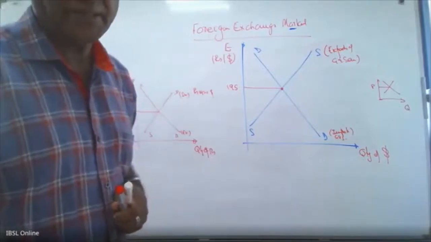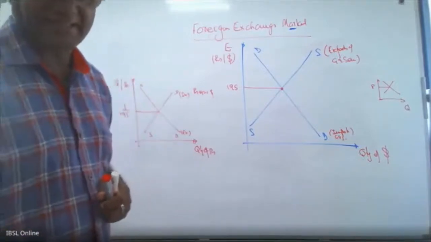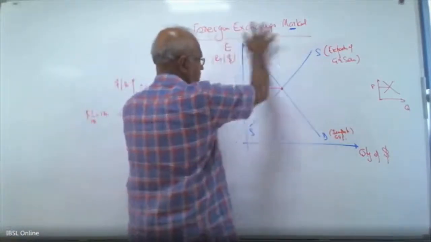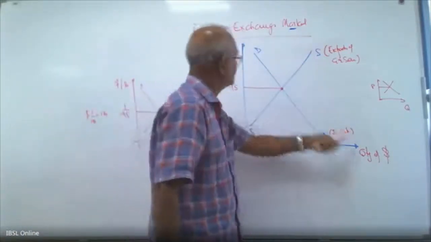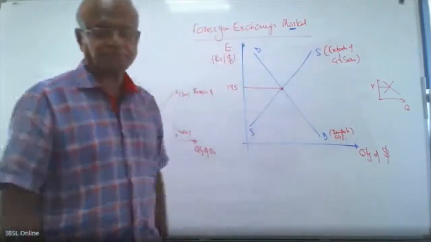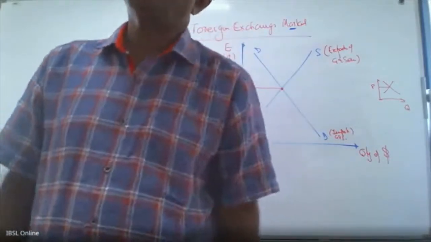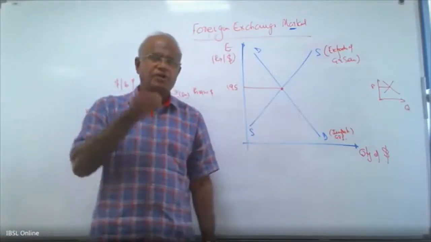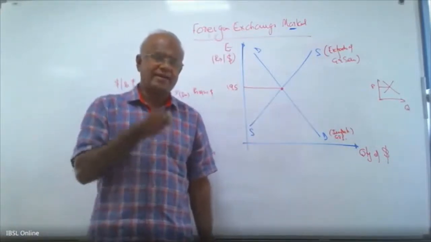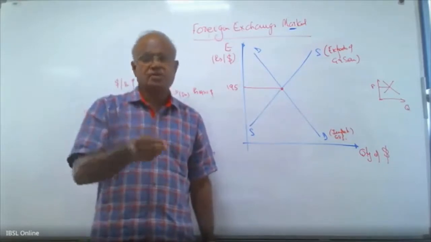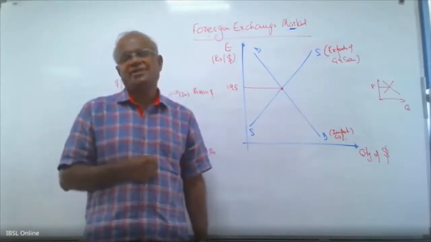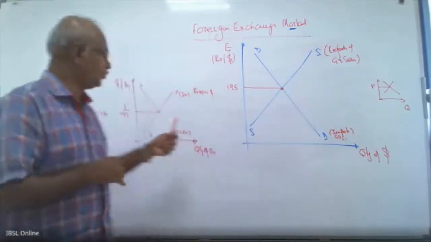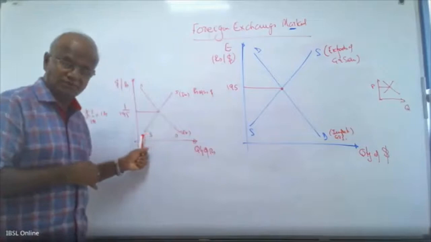Two definitions, but in this lesson we are going to use this one: quantity of dollars, and the exchange rate in rupees per dollar. How many rupees of domestic currency per unit of foreign currency? 195 rupees equals $1 of foreign currency. That is our definition. But remember, the other is not wrong.